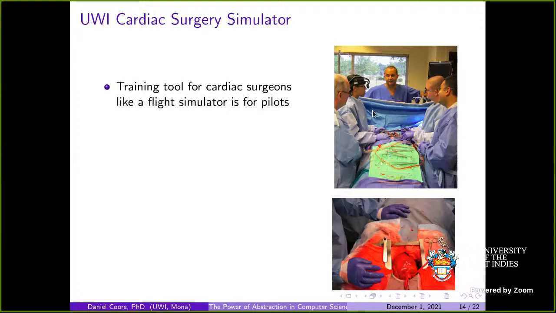In this particular setup, these two individuals who are closest to Dr. Ramphal were the trainees, and they're about to get some lessons on the simulator on how to perform a particular procedure. These two other individuals next to them were in fact trainers, but in a real operating room, they would be like a scrub nurse or something.